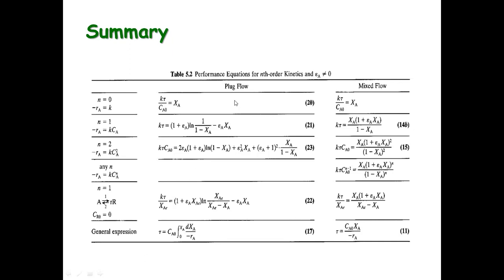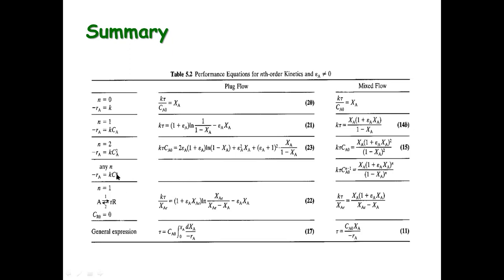So for a zero order plug flow reactor, this is your performance equation already pre-derived for you, for first order, for second order. Notice that the epsilon A is appearing because for a plug flow reactor, we're not certain that at all times epsilon A will be 0. Should it have a value, then all you have to do is plug in this particular epsilon A that you predetermined when you start solving the problem.